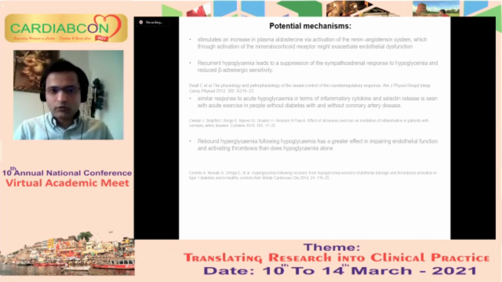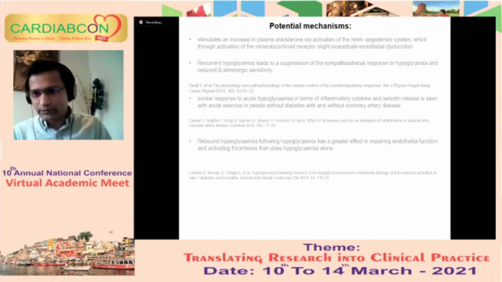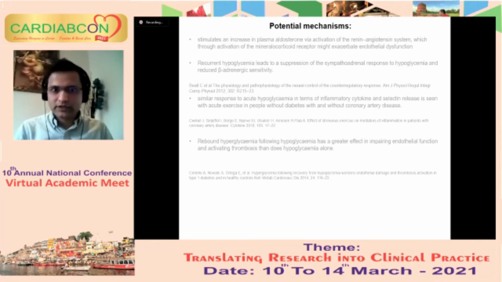So what is the role of the other hormones apart from the catecholamines? This is a nice paper published in 2012, where they looked at the counter-regulatory response in hypoglycemia, and it has shown there is a rise in plasma aldosterone. So there is activation of the renin-angiotensin system, which produces more and more aldosterone, and this can stimulate the mineralocorticoid receptors.